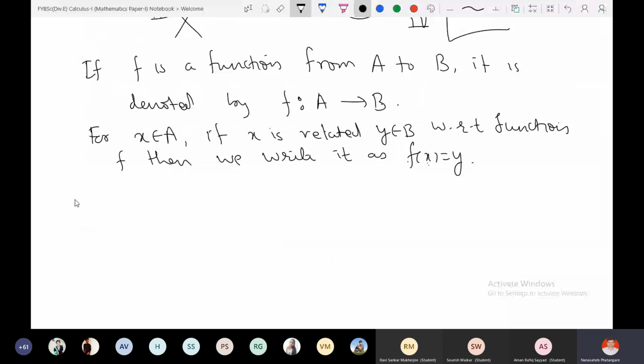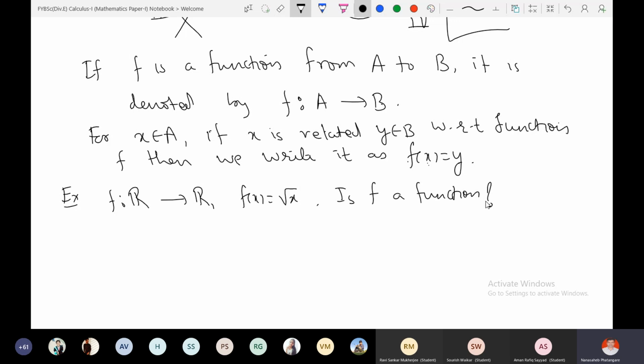So for example, if I define f from R to R and f of x is equal to root x, then is f a function? If I define f of x equal to square root of x from real numbers to real numbers, is it a function?